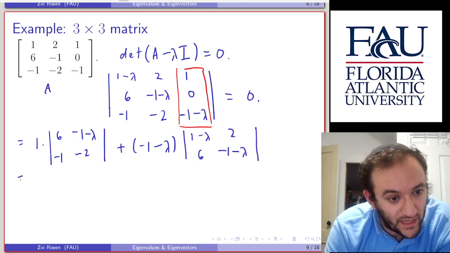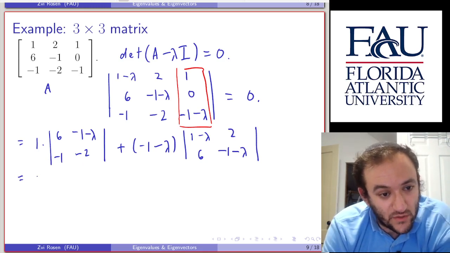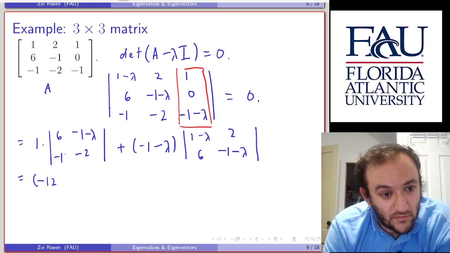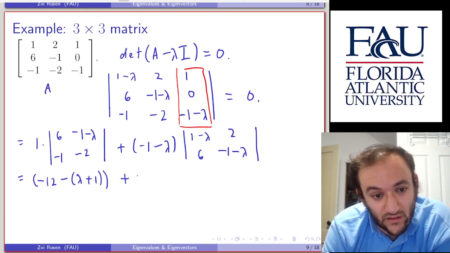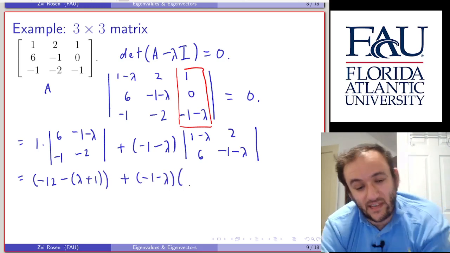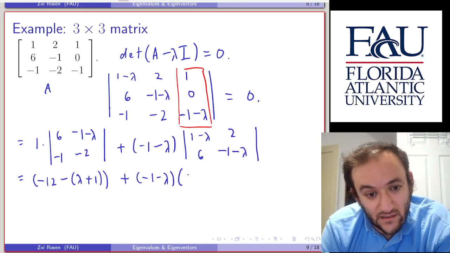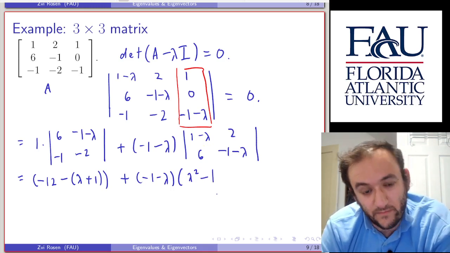Okay, and what we get is, for the first one, minus 12 minus negative 1 times negative 1 minus lambda. So minus, the negative of that is just lambda plus 1. Okay, and over here we have negative 1 minus lambda times 1 minus lambda times negative 1 minus lambda gives us lambda squared, and then the plus lambda minus lambda cancels, and we're left with minus 1.